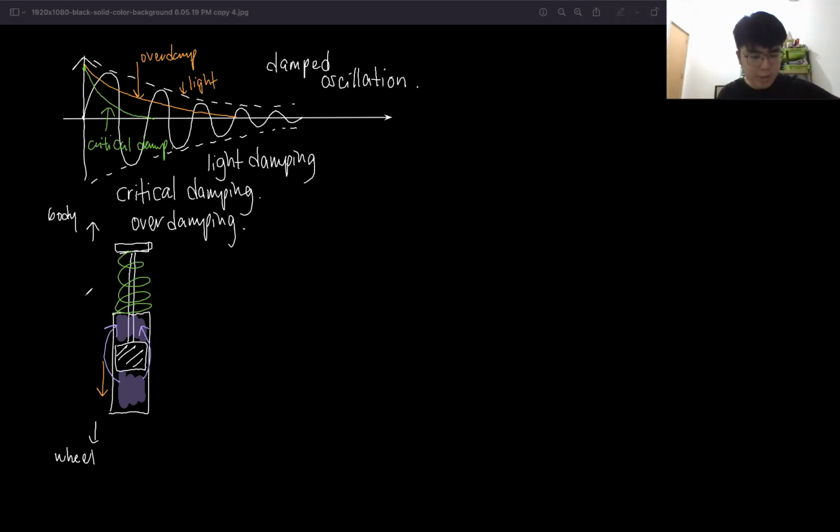So what this does is that it extracts the energy away from the vibrating piston. It extracts energy gradually, away for each stroke. When it goes down, the kinetic energy of the piston pushes the oil, and then it will heat up a bit.